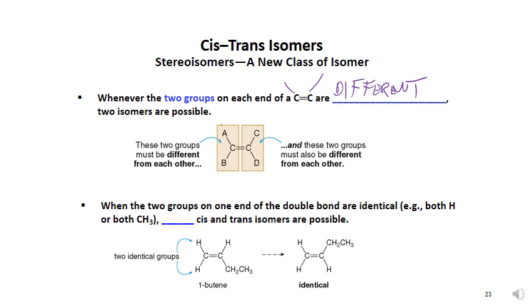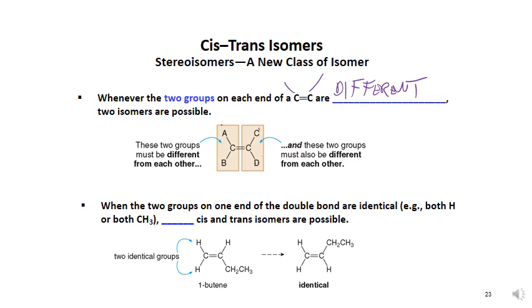If A is different than B and C is different than D, then you can have the A close to the D, or across from the D. Okay?